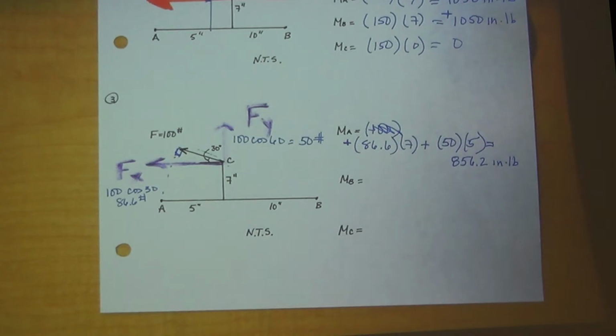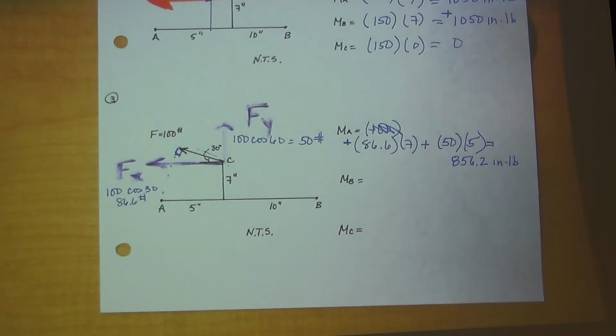So let's look at that one again. We didn't know outright what the perpendicular distance was, but we're comfortable finding components. So we broke that 100-pound force into an Fx and an Fy. Once we got the Fx times the perpendicular distance to A, the perpendicular distance is 7, and we put our fingers in the direction of Fx.